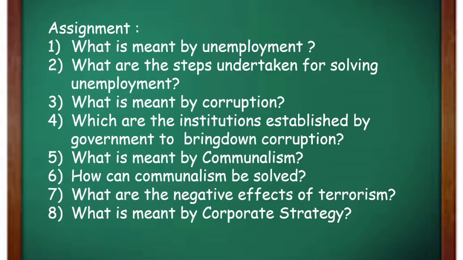What is meant by communalism? How can communalism be solved? What are the negative effects of terrorism? What is meant by corporate strategy? So that is the end of the political science chapter number 1.